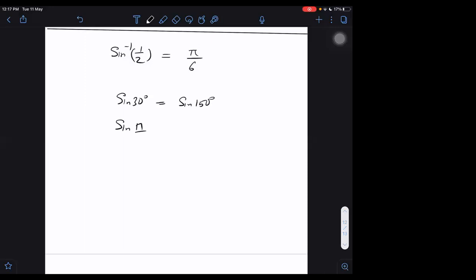Therefore, sin pi by 6 is also equal to sin of pi minus pi by 6, which is 5 pi by 6. Therefore, sin inverse 1 by 2 could be pi by 6, or it could be 5 pi by 6 also.